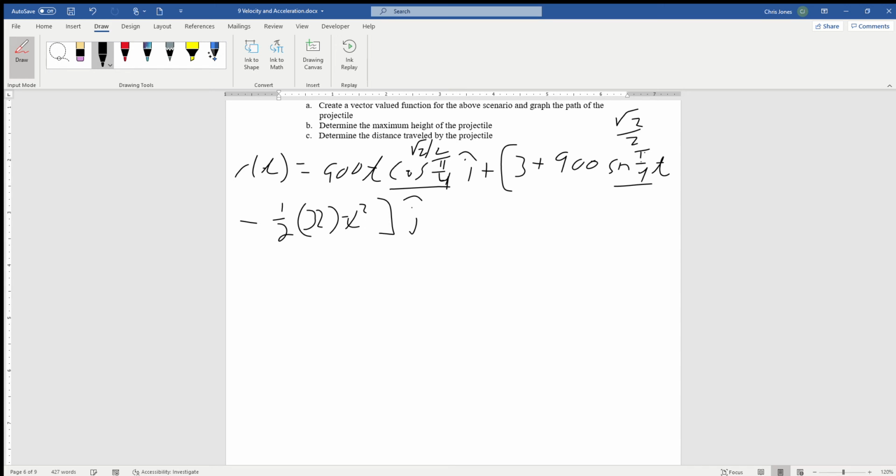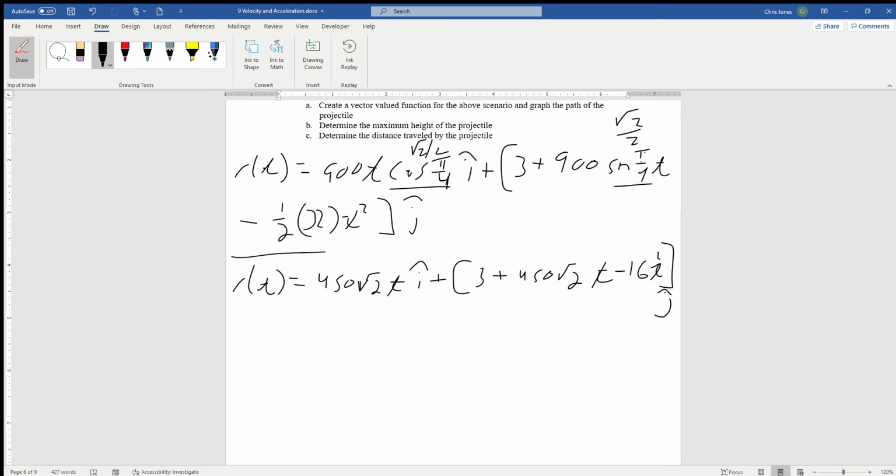And so we end up with r of t, simplifying, is going to be equal to 450 root 2 t i, plus 3 plus 450 root 2 t minus 16t squared, and that's in the j direction. Squeeze that j in there. All right, so this is our function.